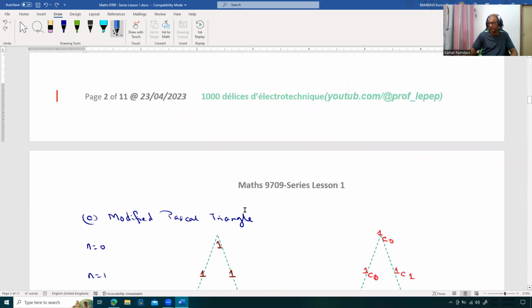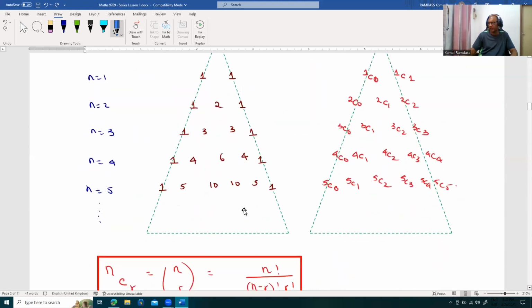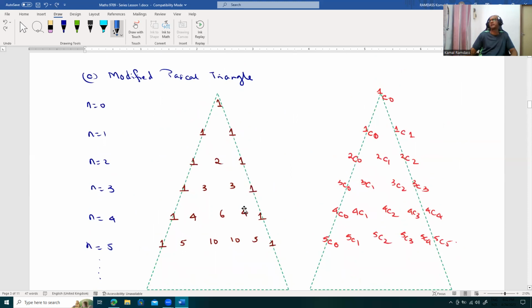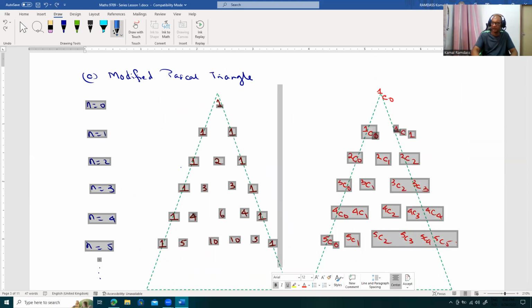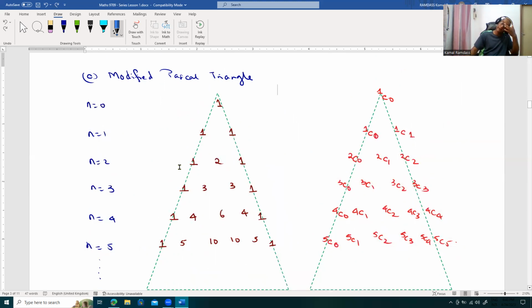OK? Et il y a là, maintenant, un modify Pascal triangle. Même affaire. Ça triangle là, c'est la même chose que ça triangle est on the page before.